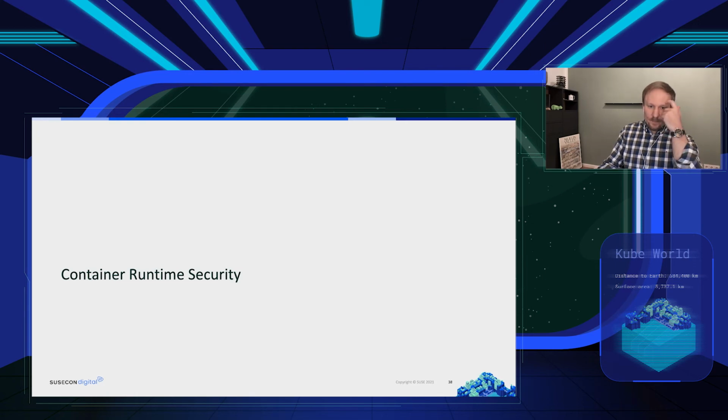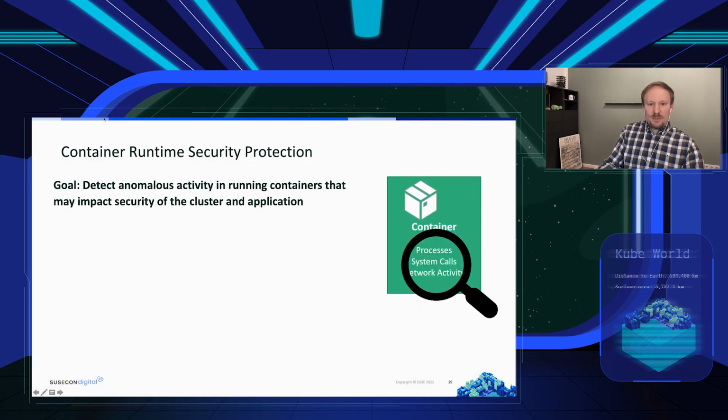Let's talk about container runtime security. This is kind of the holy grail of Kubernetes security because it's the hardest thing to implement. So the goal of container runtime security is to detect anomalous activity in running containers that might impact the security of the cluster and application.